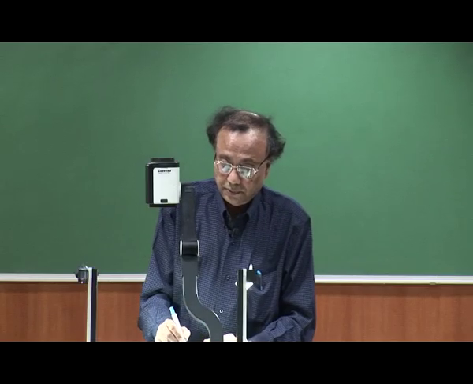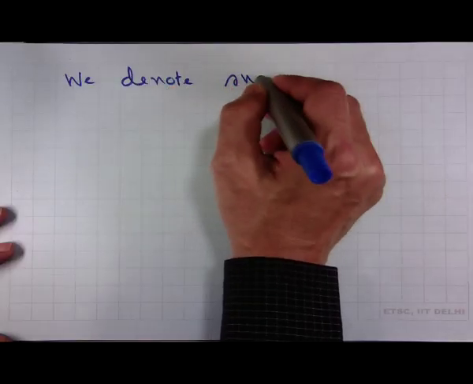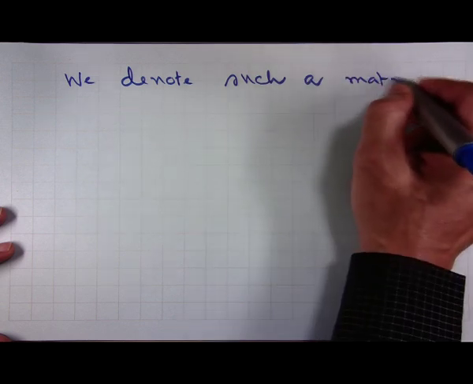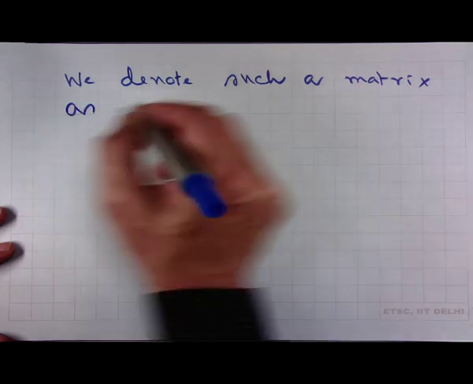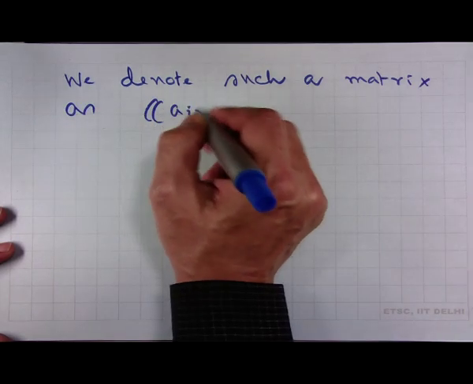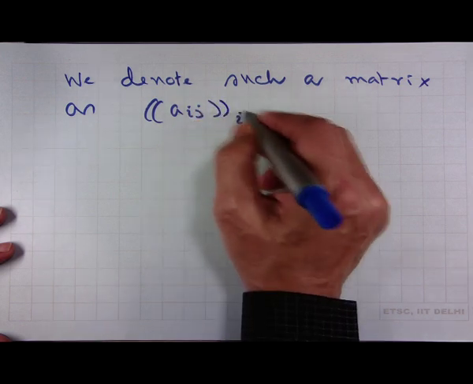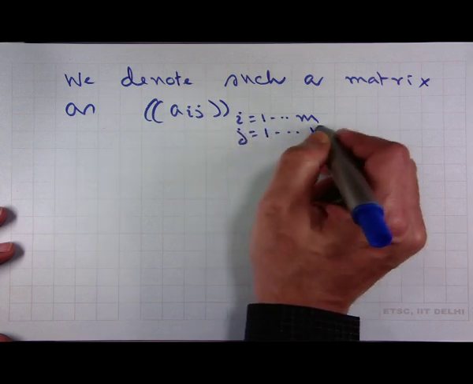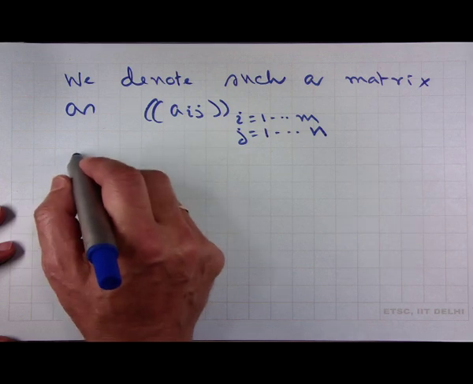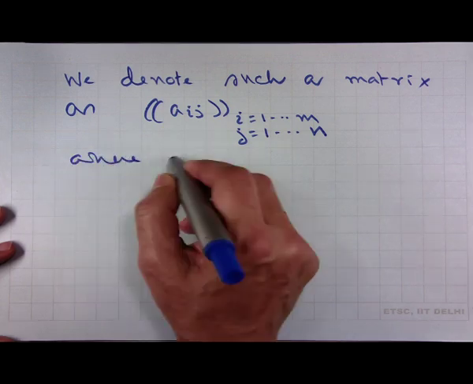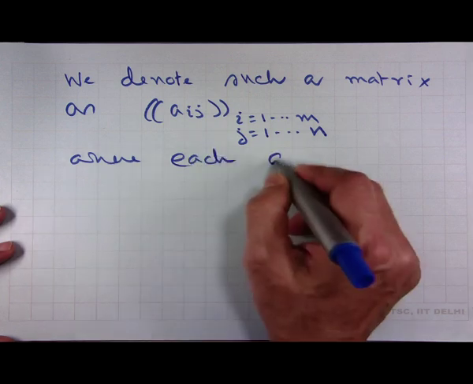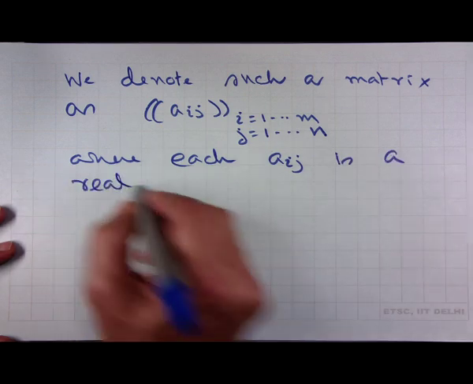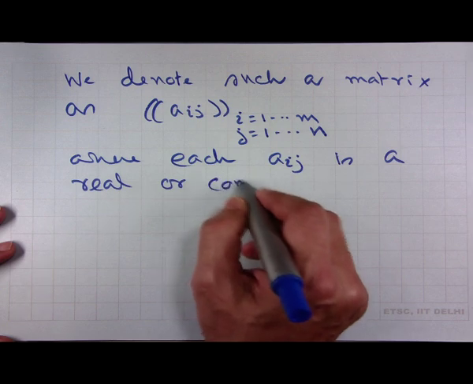We denote such a matrix as Aij, i is equal to 1 to m, j is equal to 1 to n, where each Aij is a real or complex number.